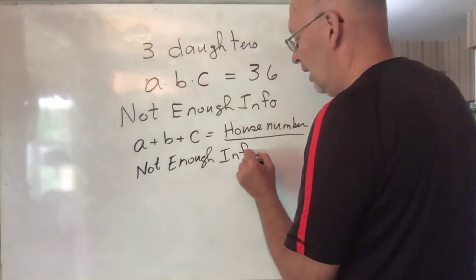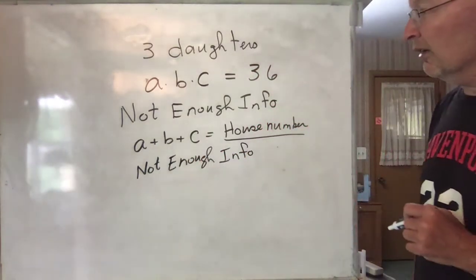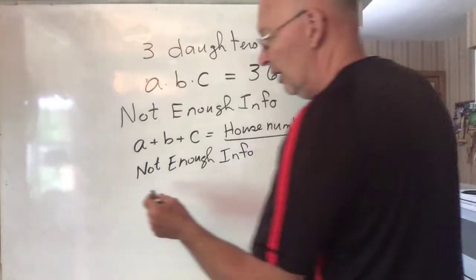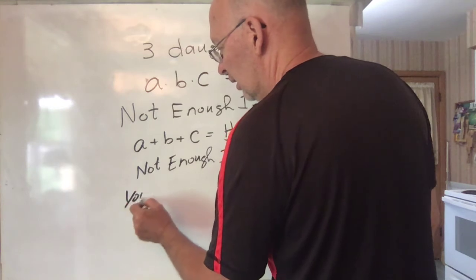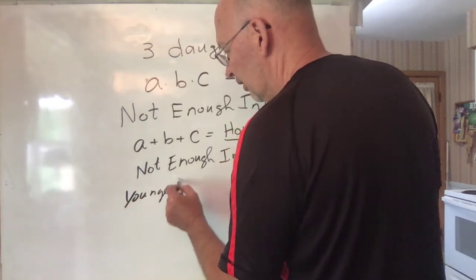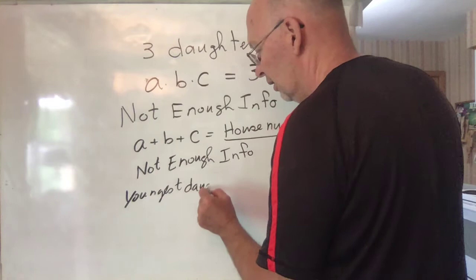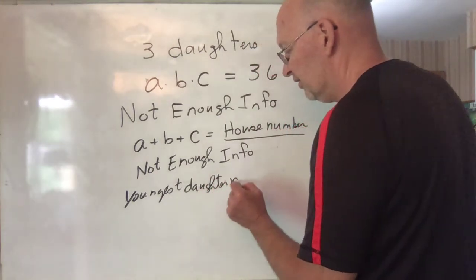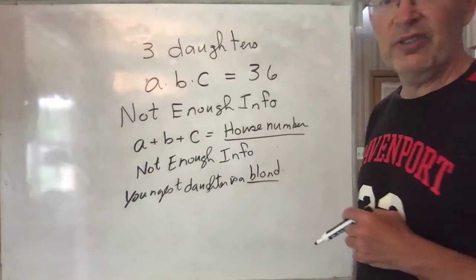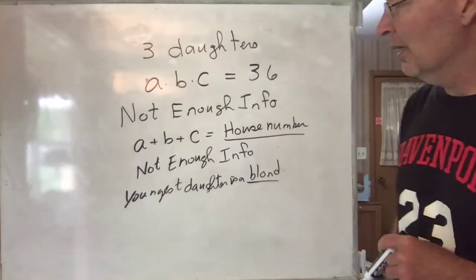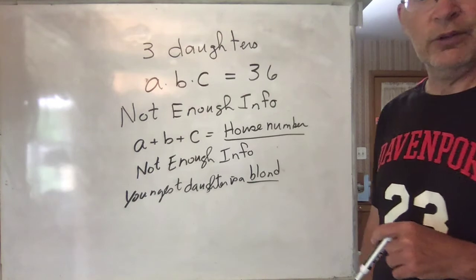Okay? And finally, the friend says, okay, I'll give you the last piece of information. My youngest daughter is a blonde. And then the mathematician says, okay, now I know the ages of your daughters.